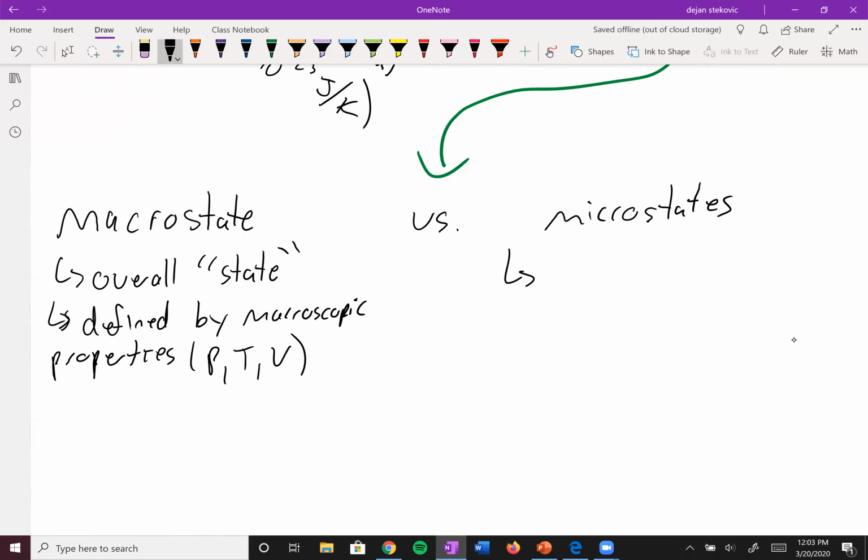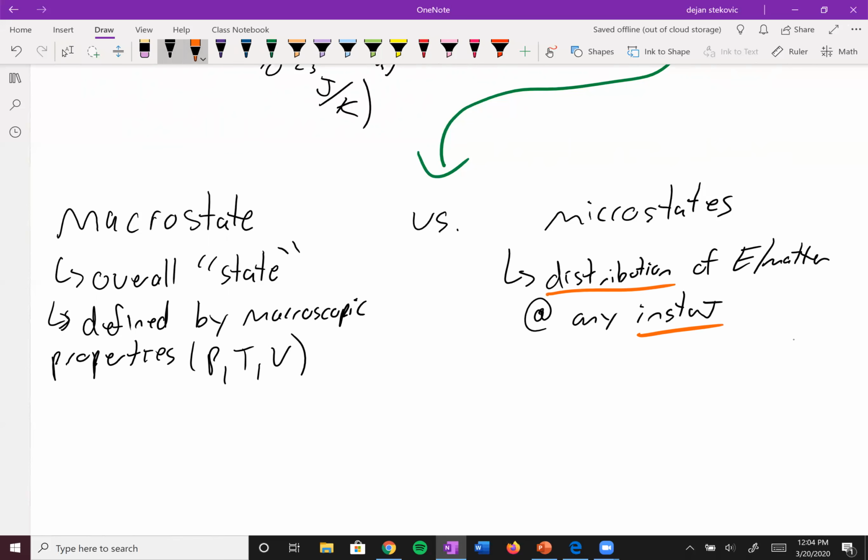The microstates are the distribution of energy / matter at any instant, right? So it's a distribution at any instant. So if you had a balloon filled with gas molecules, the pressure of that system is the macro state. And then when you look at the micro state, maybe one of the molecules is here or here or here.